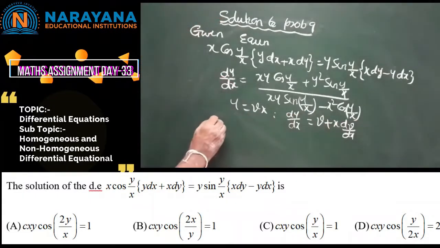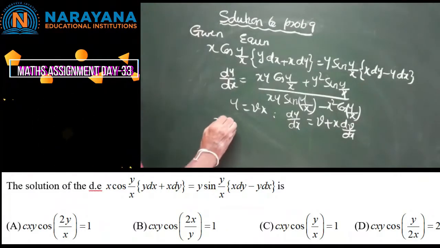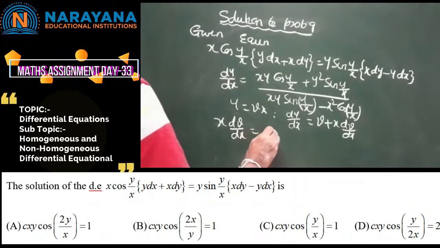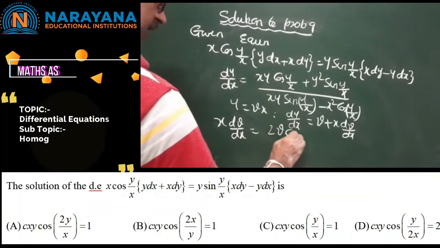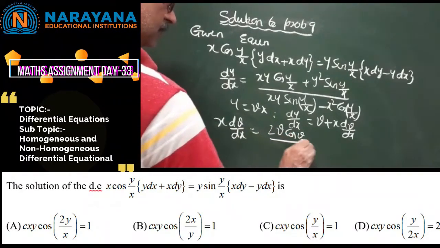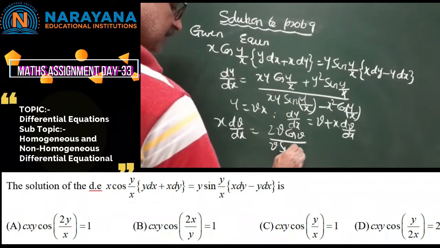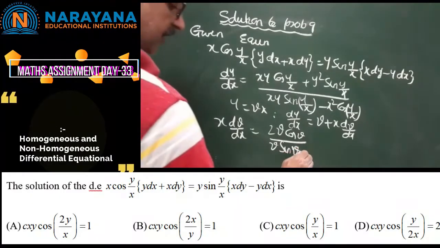After simplification, we can get x dv/dx value is obtained as 2v cos v divided by (v sin v − cos v).